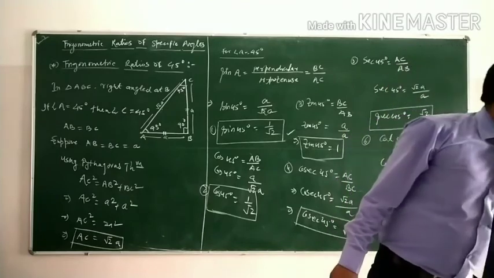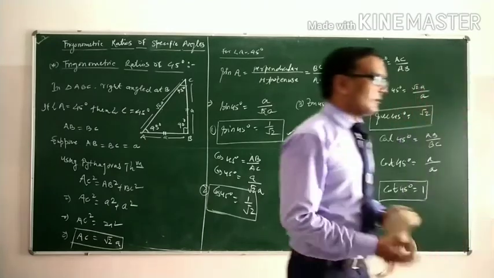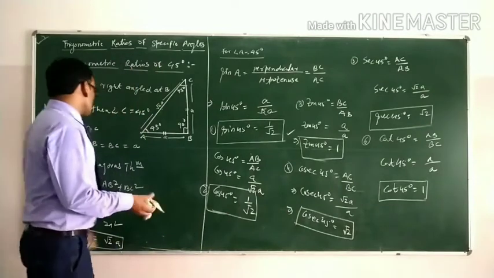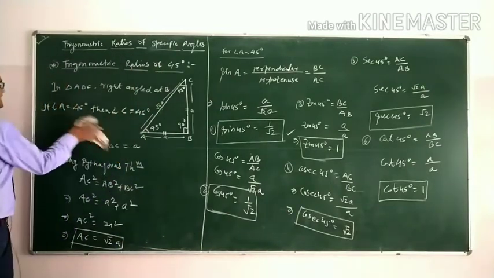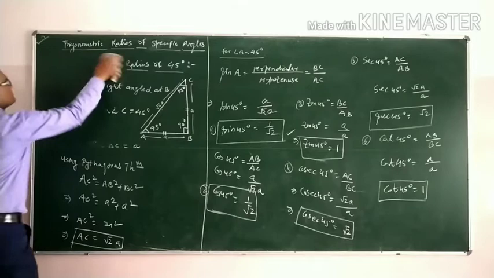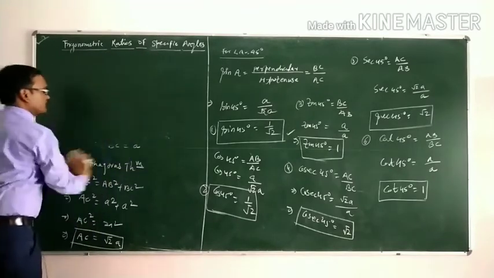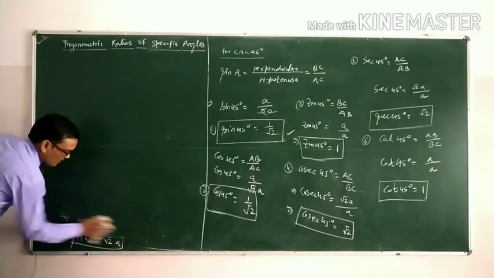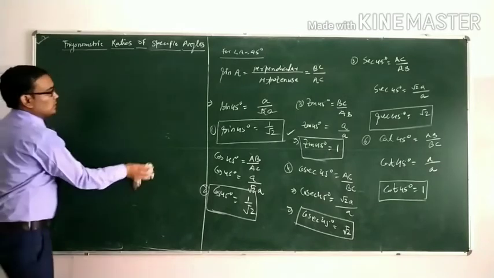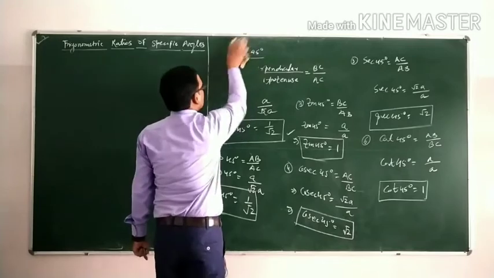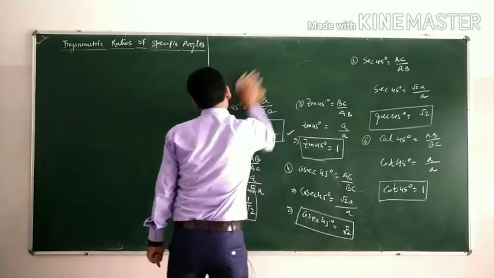Now we discuss the trigonometric ratios of 30 degree and 60 degree.